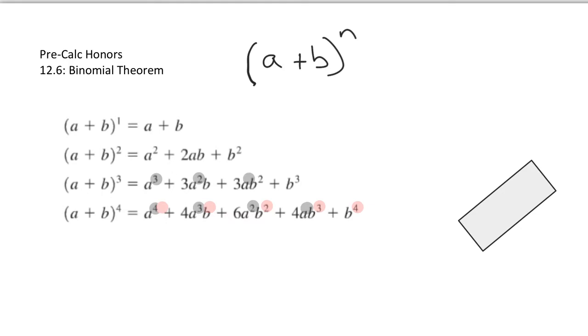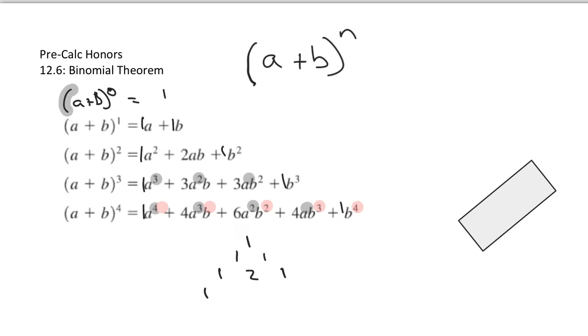And then is there a pattern in the coefficients? I want to add a plus b to the 0, and that would just be 1. So we can see the coefficients are 1, then 1 and 1, then 1, 2, 1, then 1, 3, 3, 1, and then 1, 4, 6, 4, 1, and we kind of write them out like this.